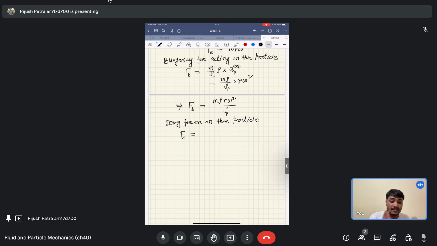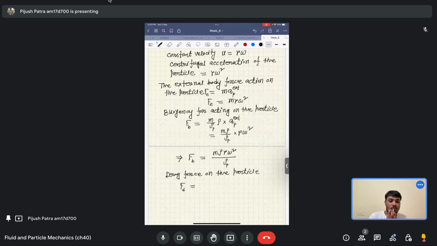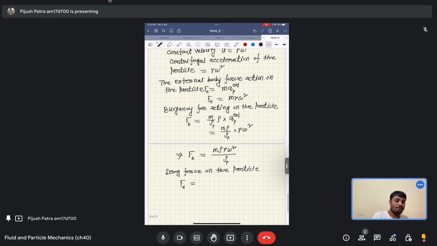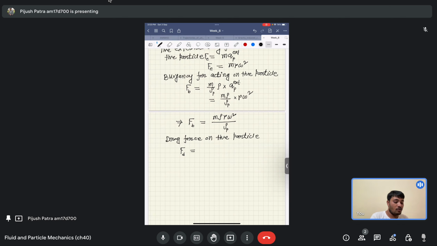It will be exactly the same. It will not change because it has some velocity. So when it moves with the constant velocity u, which is the same in this problem, r into omega, the drag experienced by the particle will be exactly the same. The formula will be the same.